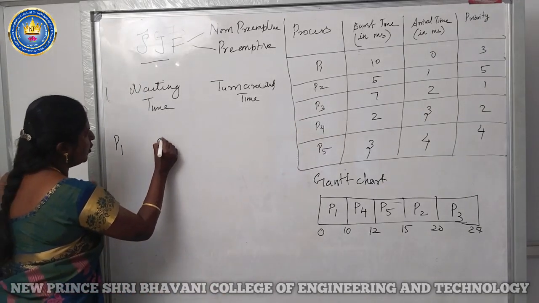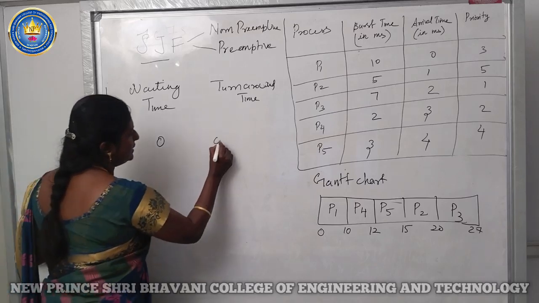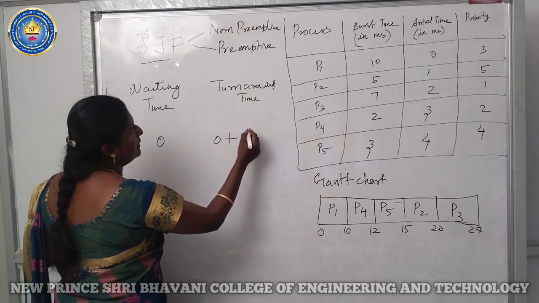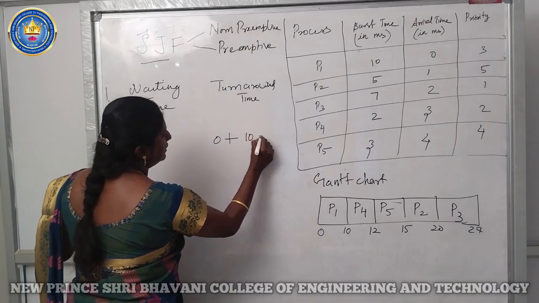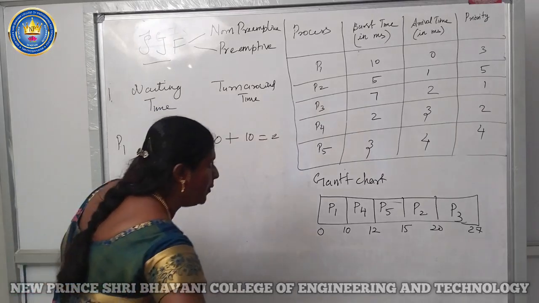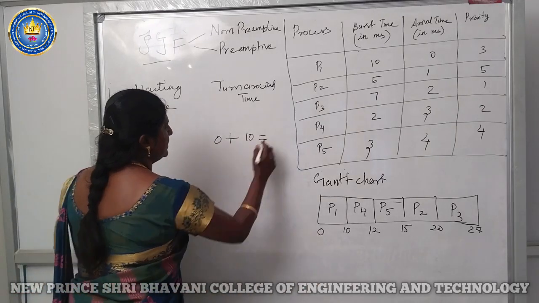So 0, and turnaround time is waiting time plus burst time. So 0 plus 10, the turnaround time is 10.